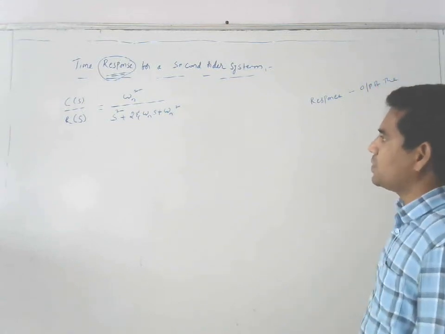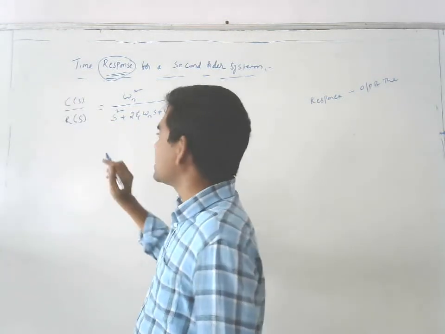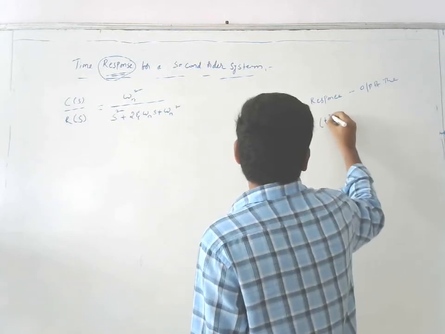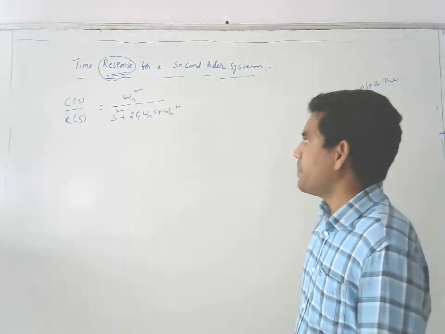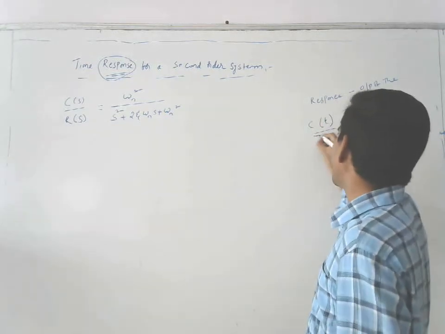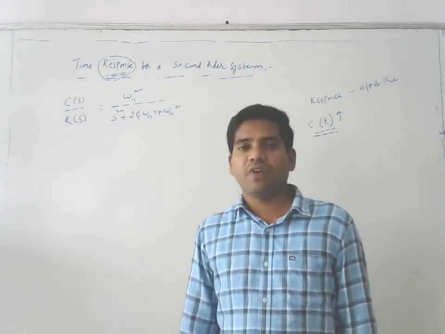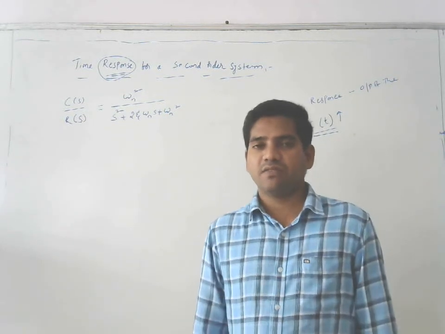What is the output here? C of s. We are going to find the value of C of t, the time response. We are discussing the time response here. My intention is to find the time response C of t for a second order system for different input signals, like for a first order system.